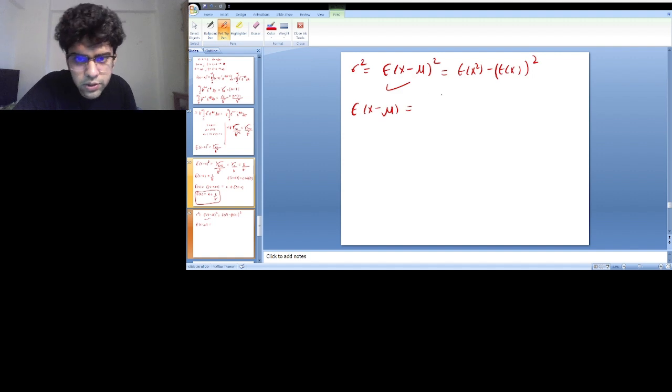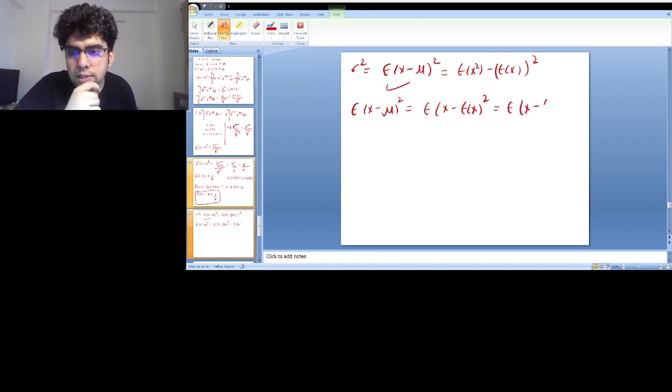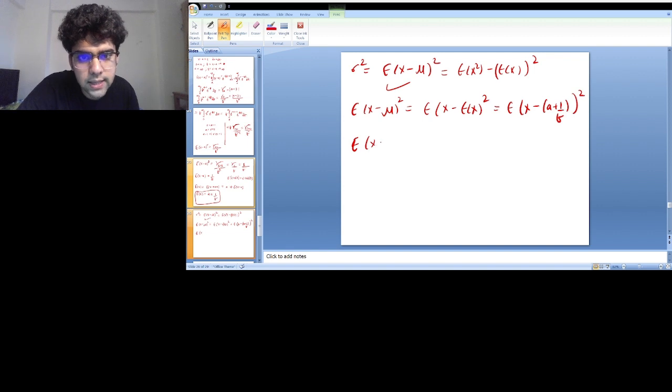So this is E((X minus (a plus 1 upon b)) whole square). So this becomes E((X minus a minus 1 upon b) whole square), and now I need to find the whole square of this.